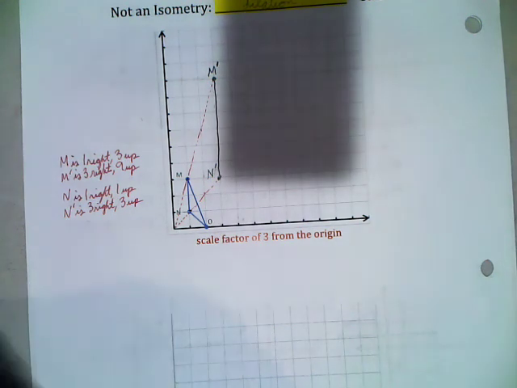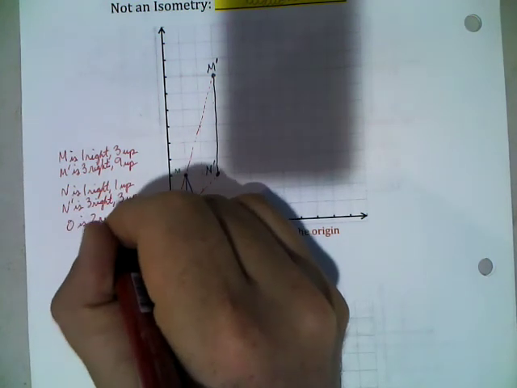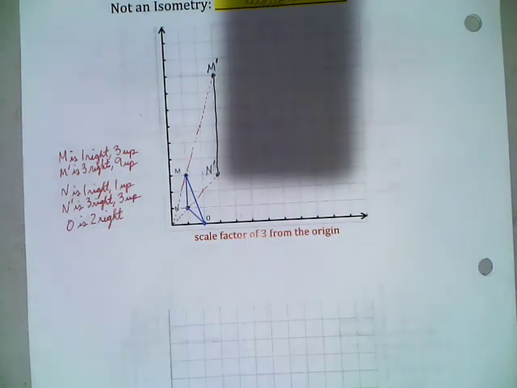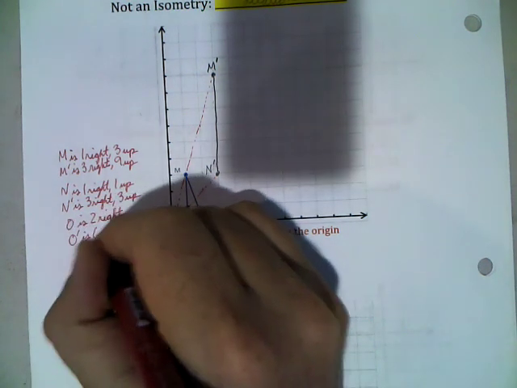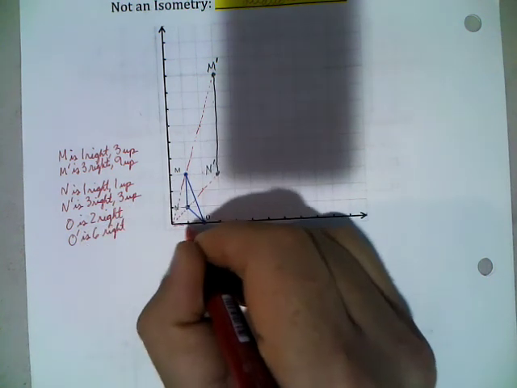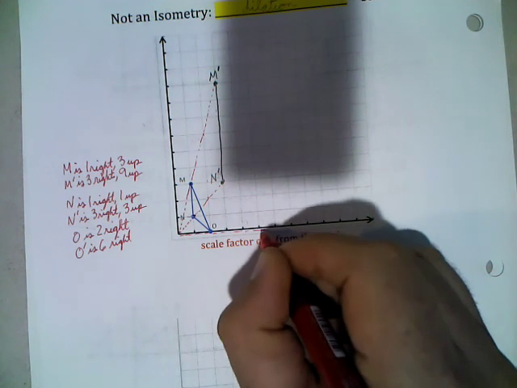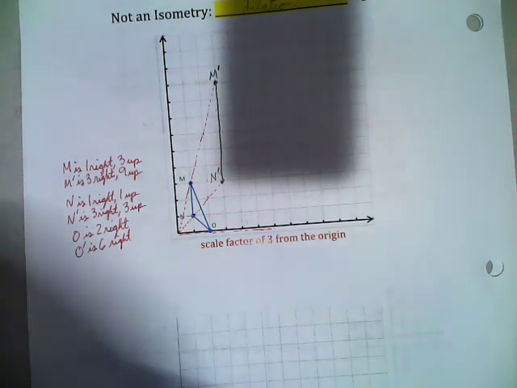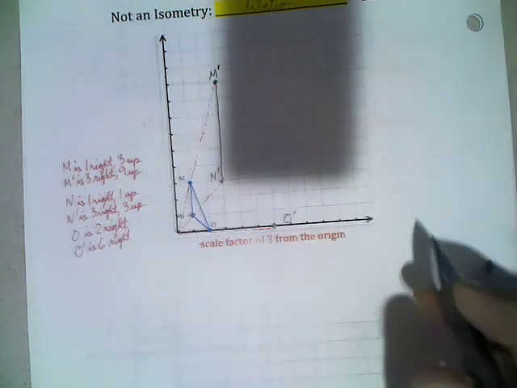And then finally O. O is just 2 to the right. So 3 times that, O prime, is going to be 6 to the right. So 1, 2, 1, 2, 1, 2 again, 1, 2 a third time. There's my O prime.